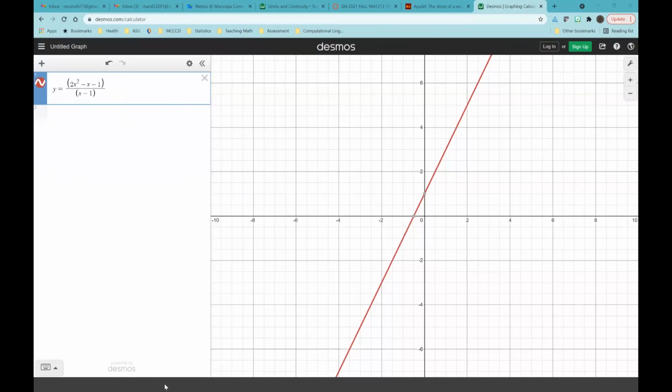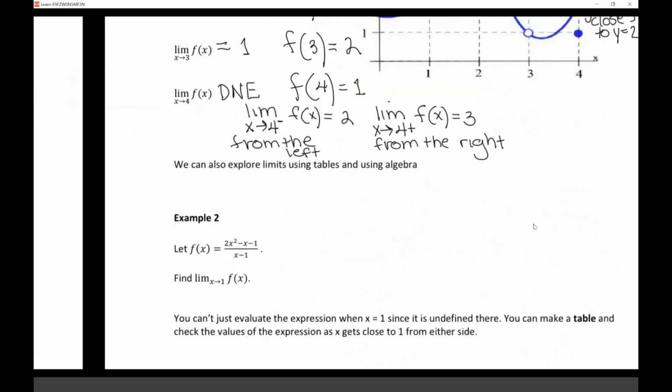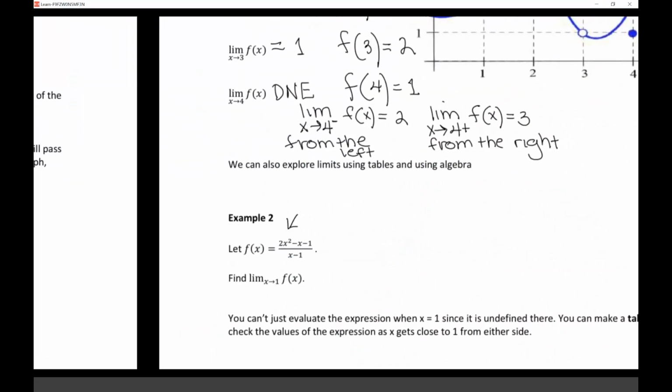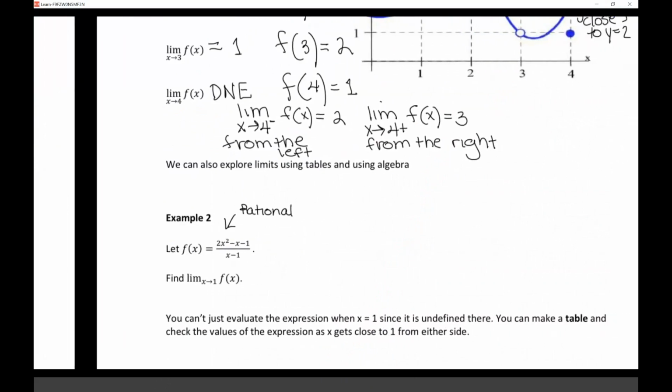So let me go back to the notes, and I'm going to just put a note over here saying rational function. Even though it graphs as a straight line, it's not a linear function. Believe me, it's not, and I'll show you why in a minute. If we were to factor the quadratic in the numerator, you can see what would happen.